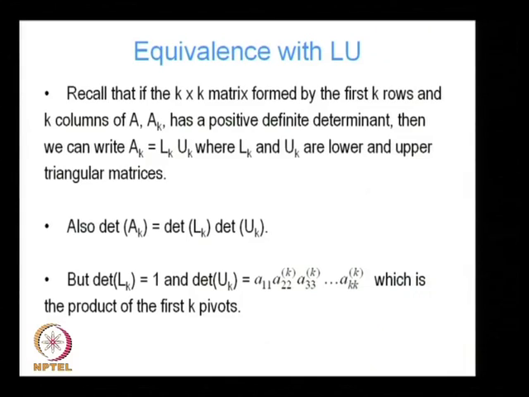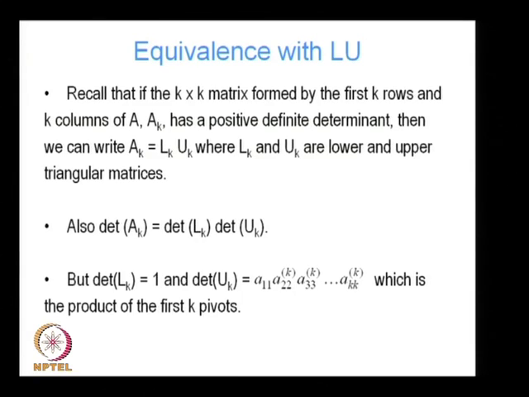But we have seen that the determinant of L_k is equal to 1. Why is that? Because all the diagonal elements of L are identically equal to 1, and we have seen in a previous lecture that the determinant of a triangular matrix is nothing but the product of its diagonal elements.